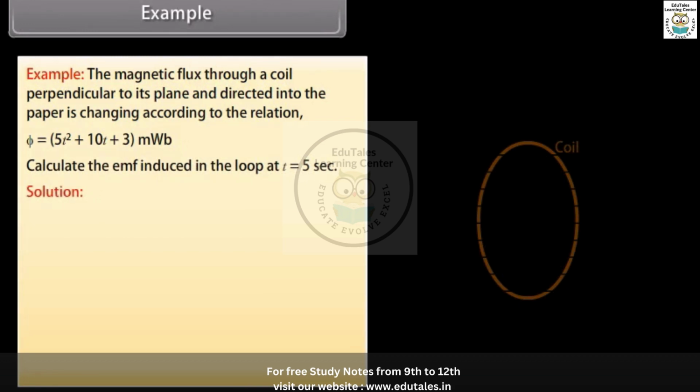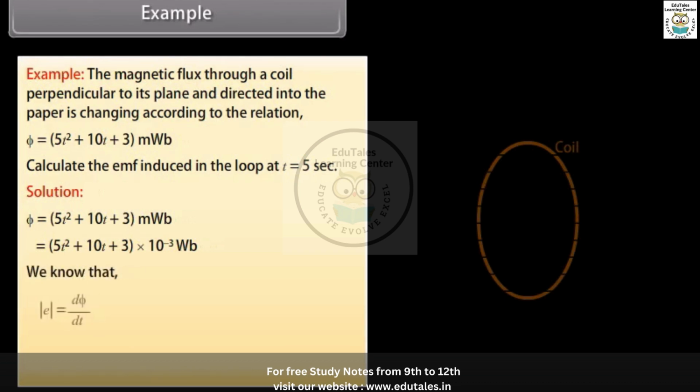Let's see the solution. Given phi is equal to 5t square plus 10t plus 3 milliweber, it can be written as phi is equal to 5t square plus 10t plus 3 multiplied by 10 raised to the power minus 3 weber. We know that E is equal to d phi by dt.